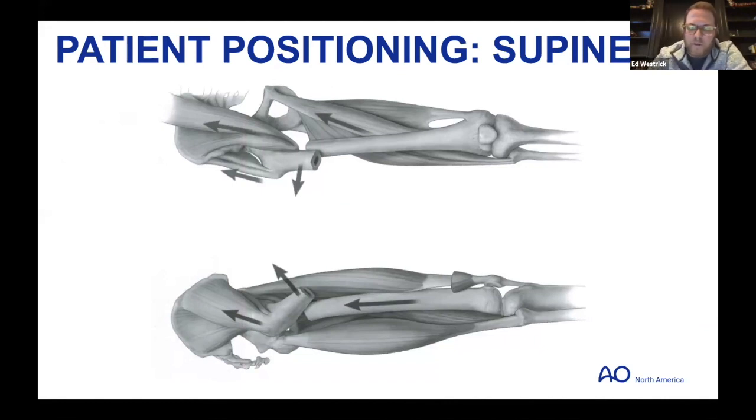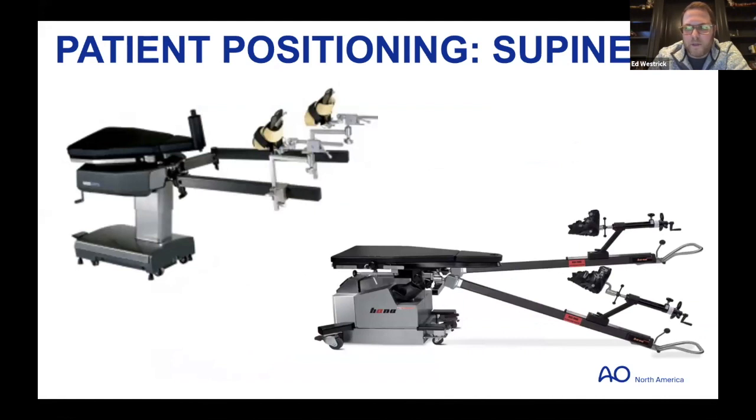Being on one of these fracture tables means, especially the Hana table shown there, while that's good for anterior total hips and some intertrochs, not so much for this pattern, and you're reliant on an assistant that is not really part of the surgical team. The circulating nurse, somebody not involved in the case.